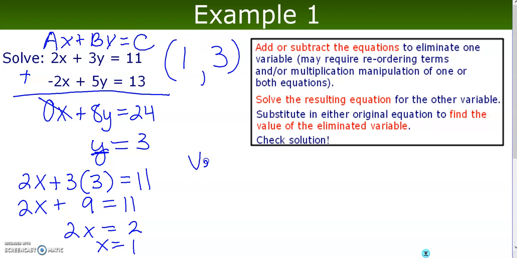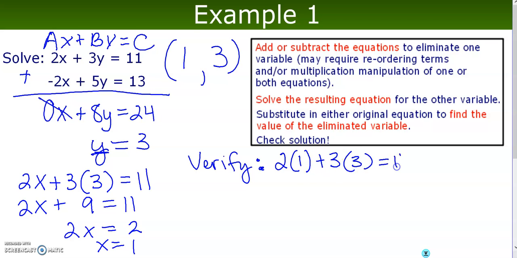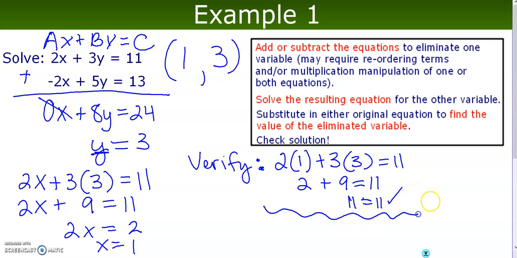We do want to go ahead and verify or check this. And you remember how to check it. We take our ordered pair and plug it into both equations to verify that it's true. So I'm going to plug it into the first one. 2 plug in 1 plus 3 plug in 3 should equal 11. And it works. We're also going to plug it into the second equation.